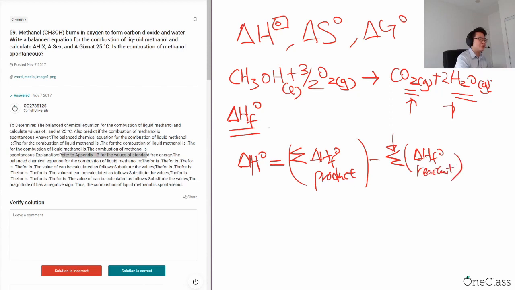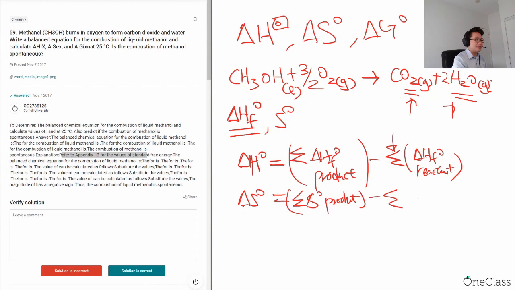Same thing happens with entropy. You can find the entropy of individual chemical species, and the delta S, of course, the standard entropy change. Again, it's just the sum of the entropy of products minus the sum of the entropy of reactants. I believe those are the information given from the appendix in the solution.